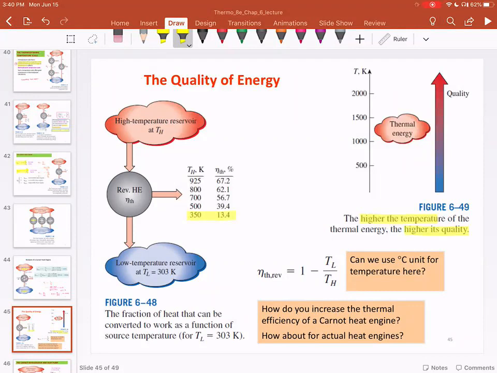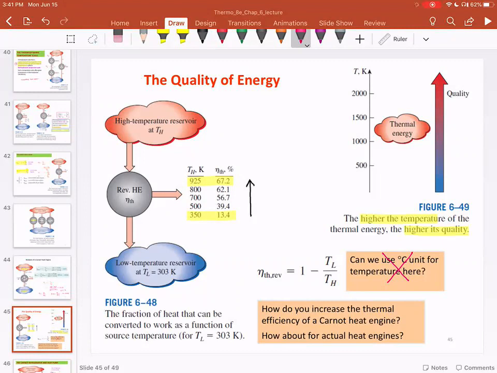If the high side temperature is 925 degrees Kelvin, the efficiency is 67%. So as the temperature is increasing, the efficiency is increasing. That leads to the observation that the quality of energy is increasing. One thing I want you to note is that you cannot use degrees Celsius for calculation, because the ratio in Celsius is not the same as the ratio in Kelvin.